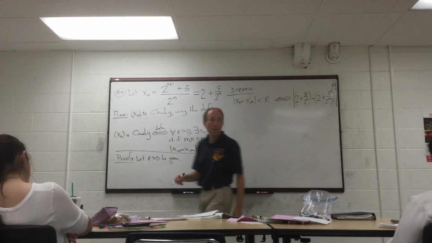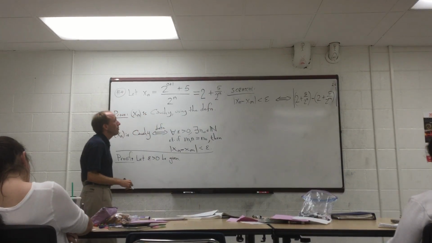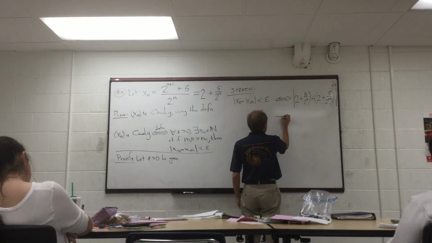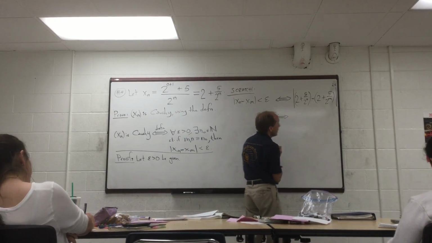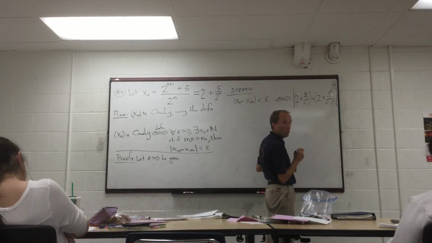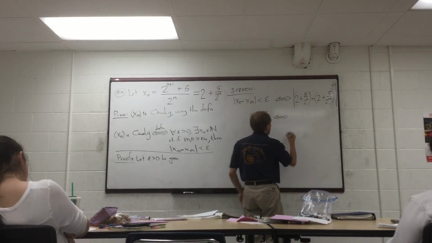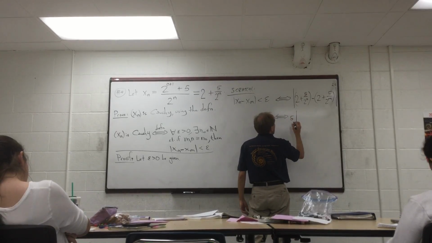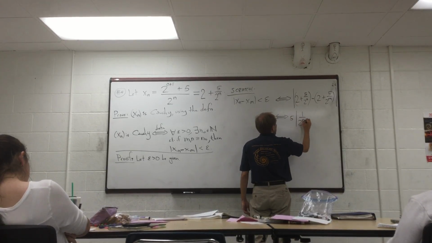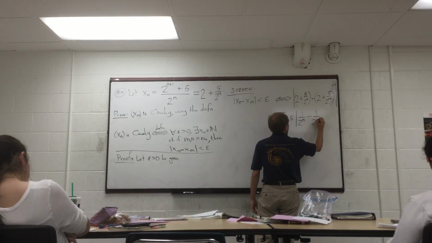Just don't have enough room there. Now we can simplify a little bit. I'm going to cancel the 2's and pull a 5 out of the whole absolute value. It leaves me with the absolute value of 1 over 2^n minus 1 over 2^m.